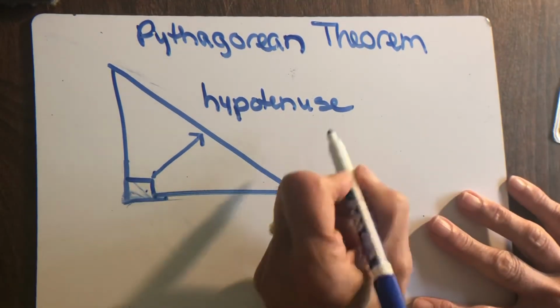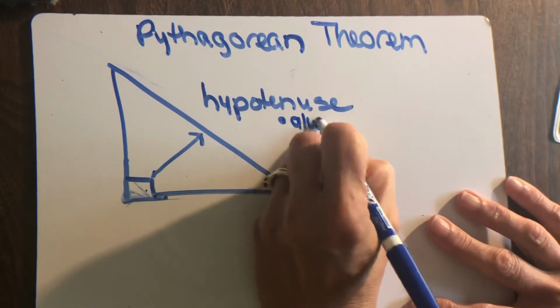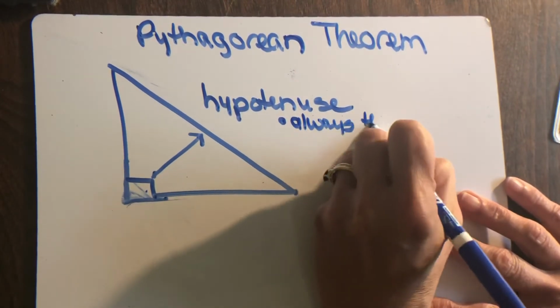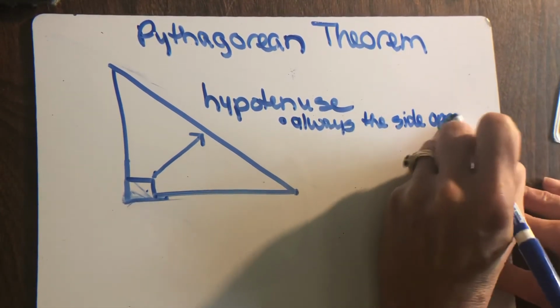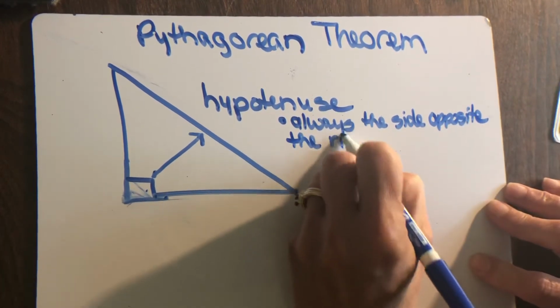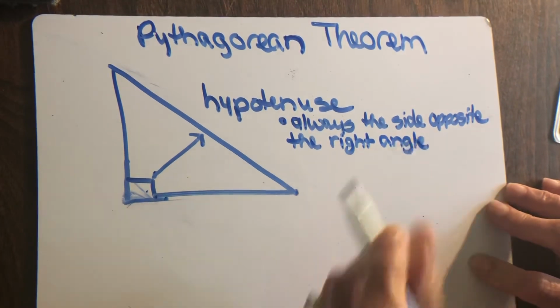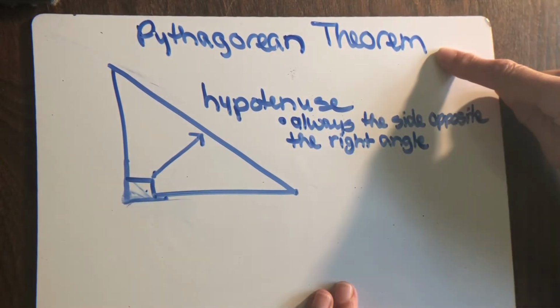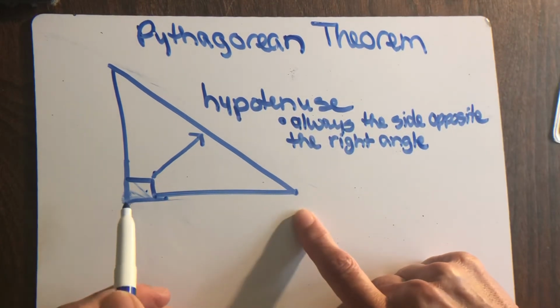All right, so let's make some notes about the hypotenuse. It is always the side opposite the right angle. And when we're talking about the Pythagorean Theorem, we're only talking about right triangles.